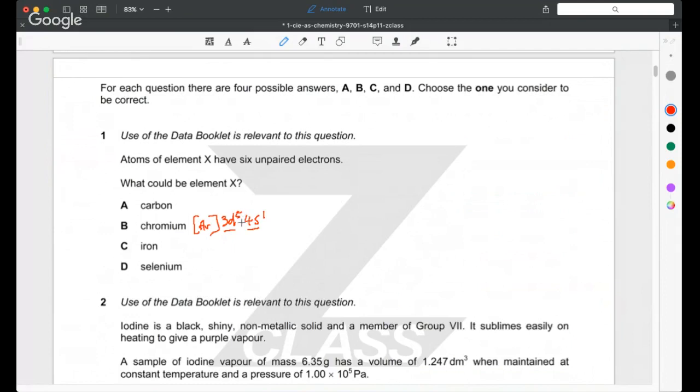And that particular electron configuration has 1 electron in each of the D atomic orbitals and 1 electron in the S atomic orbital. And so you have there 6 unpaired electrons. And if you check the other examples here, there are various distractors there to trip you up, but that's the one that you should have for question 1.